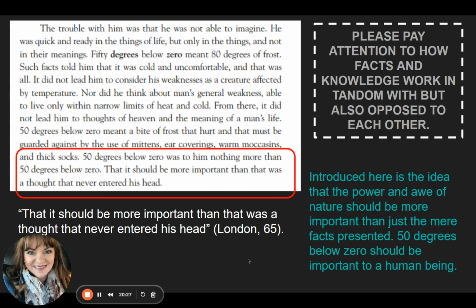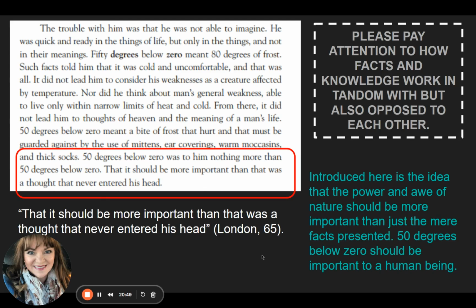But in this story, those sometimes work against the man in the story. So I just want you to keep that in mind. And then introduced here is the idea that the power and awe of nature should be more important than just mere facts. And this guy is only dealing in facts.